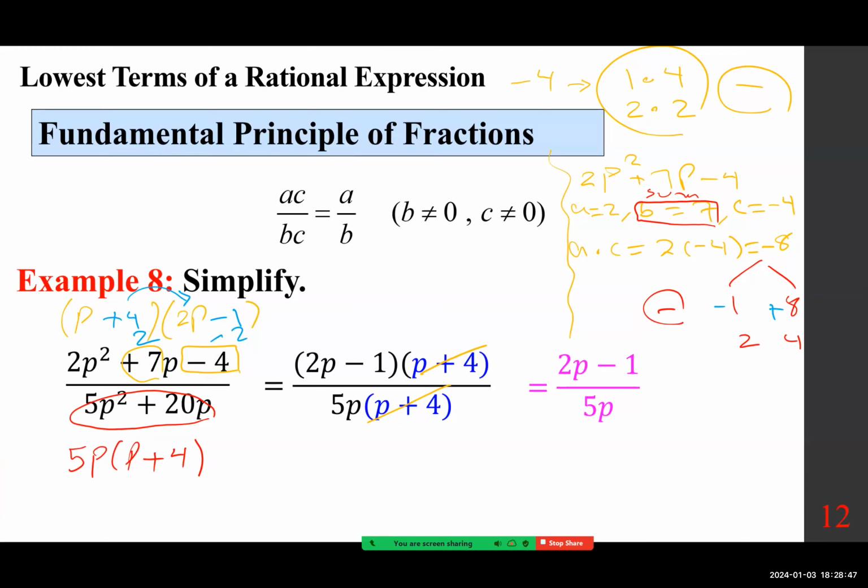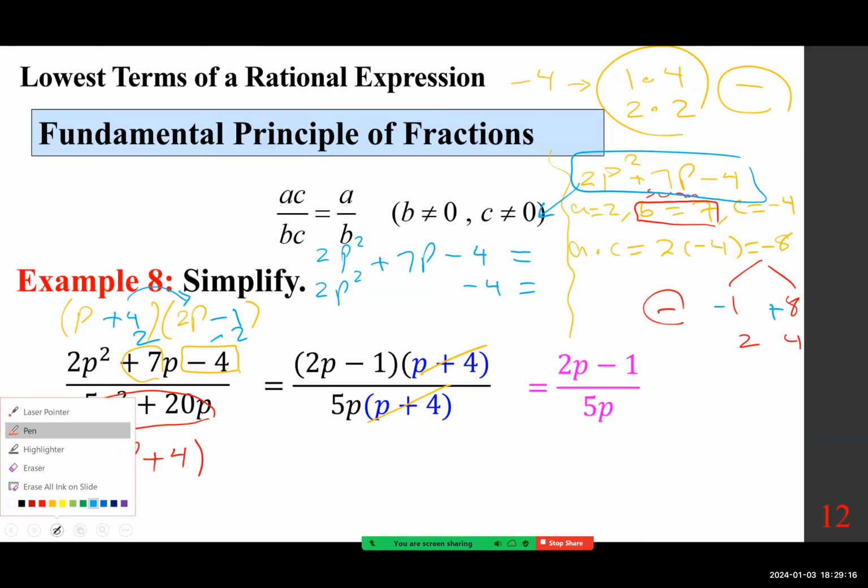So what happens is this expression is written as, let me see if I have enough room here, 2p squared plus 7p minus 4 equals, let me just write the 2p squared and then minus 4 here.